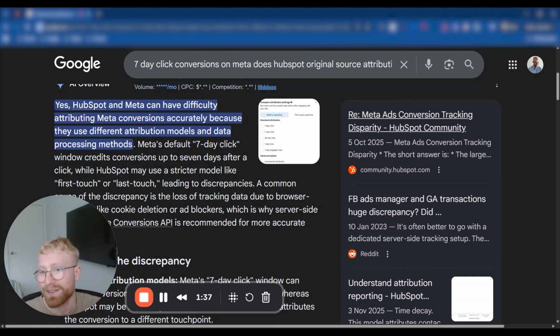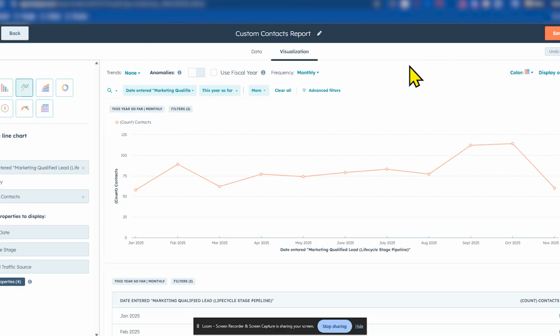But to make it even more simple, just look at the top line, everything I showed early in the video, and you could see cost per MQL decreasing over time. So back to the main part of the video. The point is organic search has seen a significant uplift in line with us introducing this new structure.